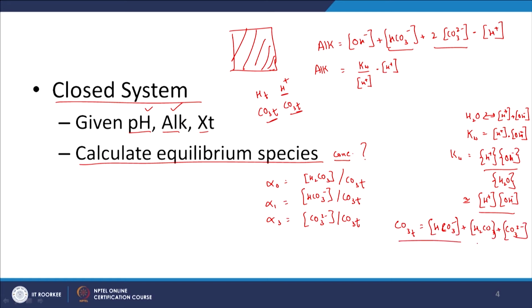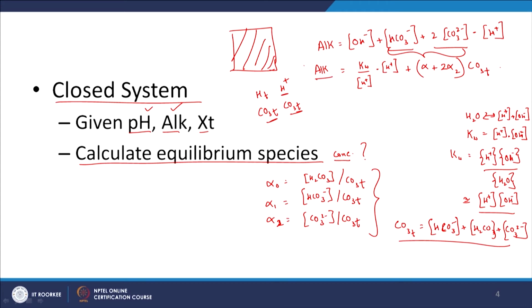So anyway, let's try to use that here. So that's then going to be equal to, how do I transform these two variables? It's going to be equal to alpha 1 plus 2 times alpha 2, pardon me, alpha 2, into CO3 total, right. So, what do we see here?